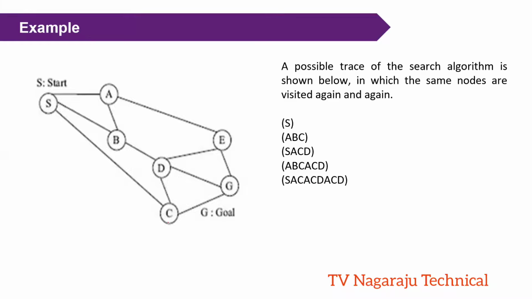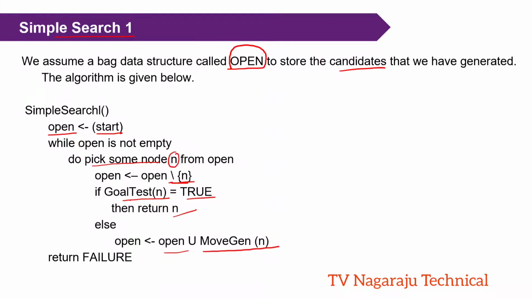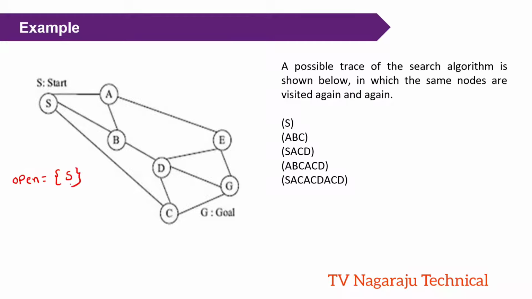See this one. In this example, initially open is equal to S. Observe the example. In the next step, remove S from the open and check goal test of S. If S is my goal, return true.